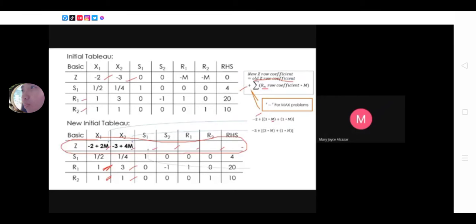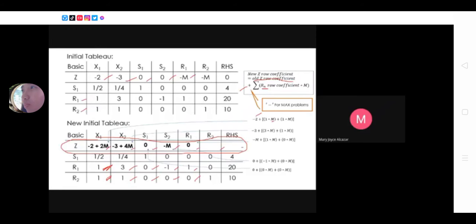Under S1, the old zero coefficient is 0 plus 0 times M plus 0 times M. That is 0. Under S2, we have 0 plus negative 1 times M plus 0 times M, so that is negative M. For R1, we have negative M plus 1 times M plus 0 times M. The resulting value is 0.